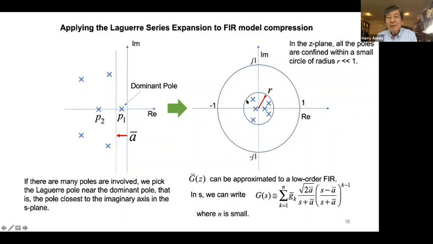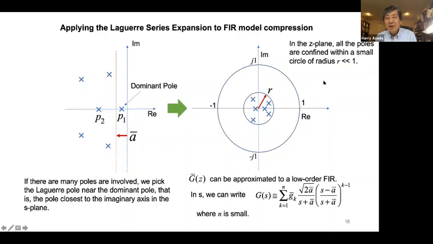Your goal is to place all these poles somewhat close to the origin, so that all the poles are confined within a small circle of radius R. As R gets smaller, the system converges more quickly.